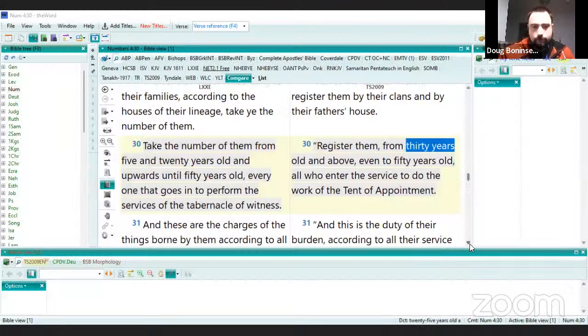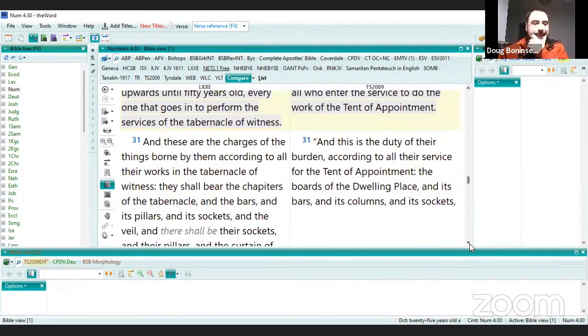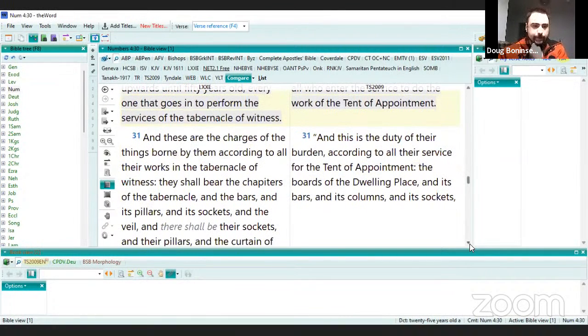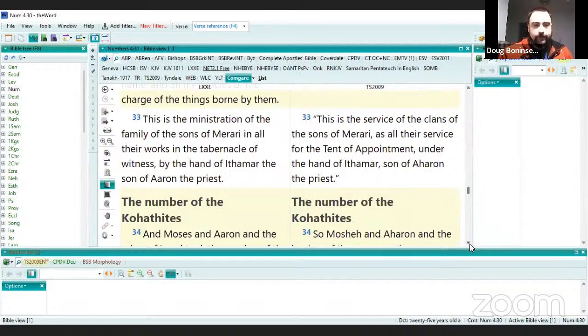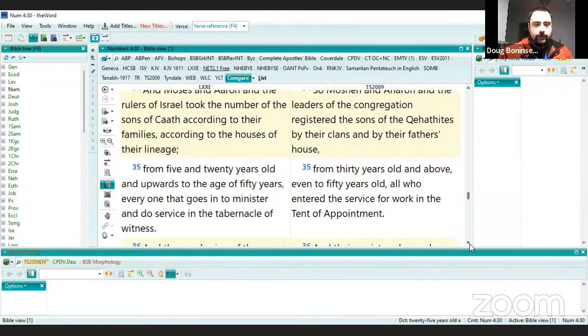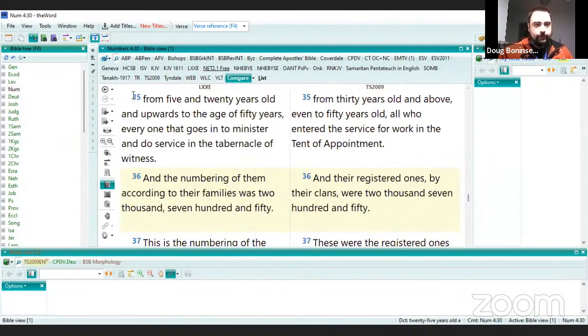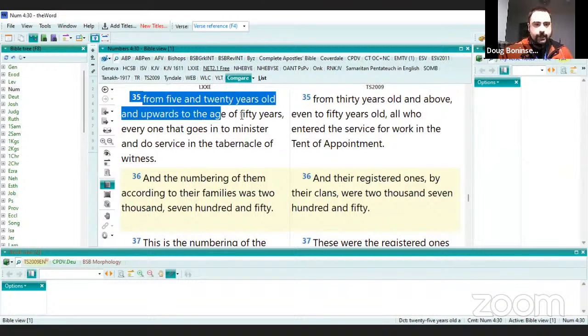All right. Scroll down here. All right. From 25 years old and upwards, the age of 50 years old, everyone that goes in to minister and do service in the tabernacle of witness. And again, Masoretic, 30 years old.